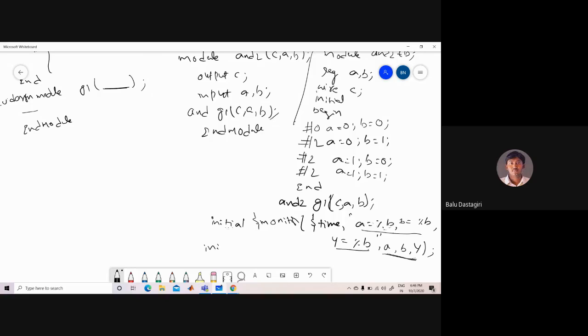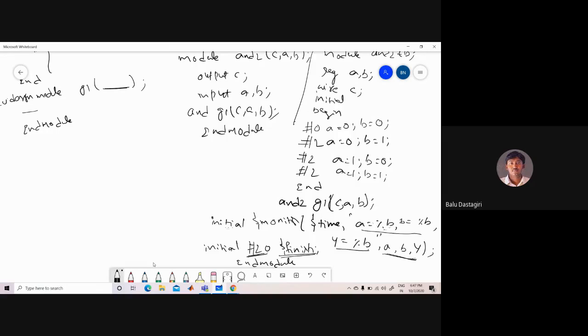So after this, again initial. Next we have to give the simulation time: #20 $finish, end module. #20 $finish means up to 20 units of time is your simulation time, and $finish means the simulation will be closed automatically. $stop and $finish are the two things which specify the simulation to stop.